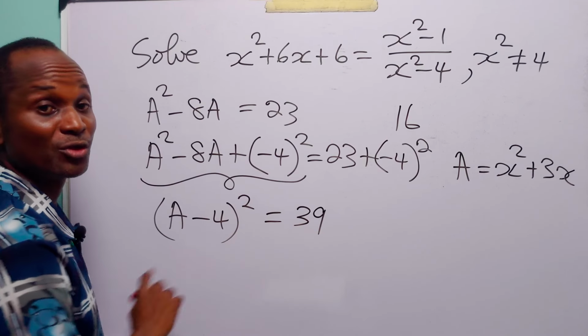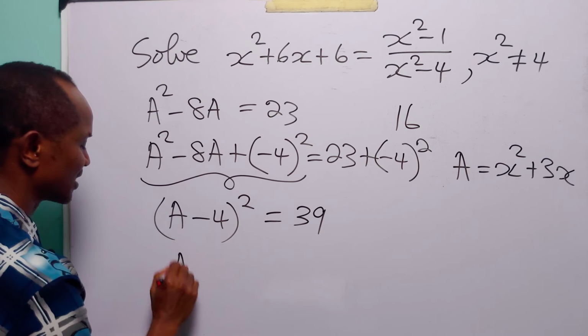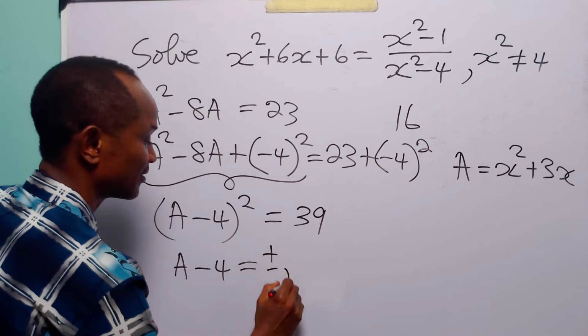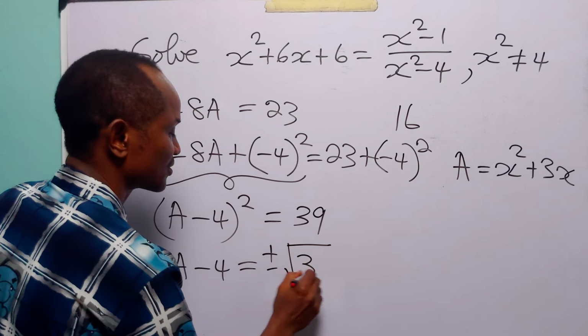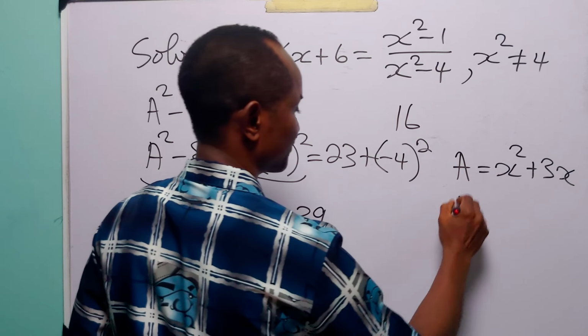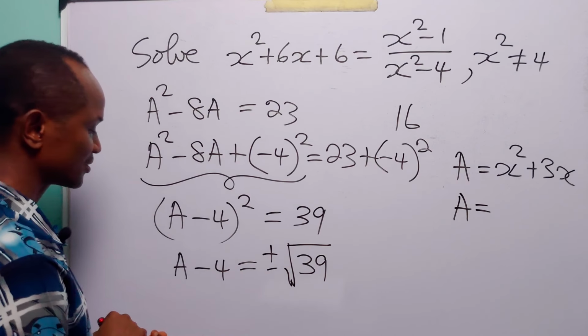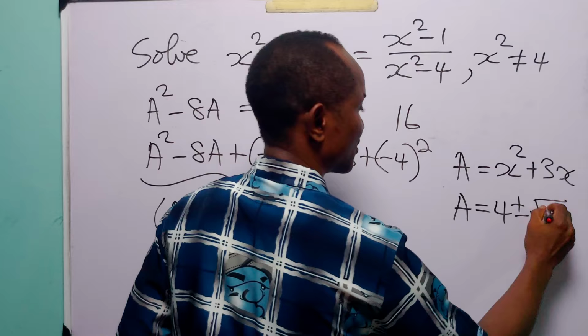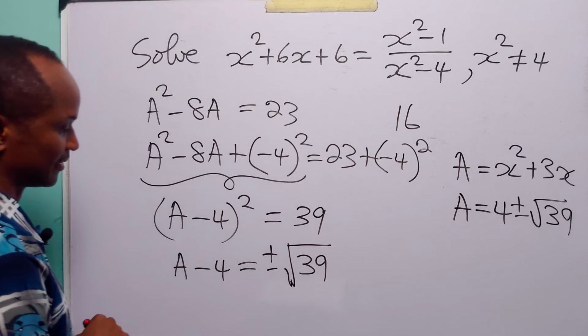Now, when we take square root of both sides of this equation, we have that a minus 4 is equal to plus or minus the square root of 39. And of course, from here, we have that a is equal to 4 plus or minus root 39.